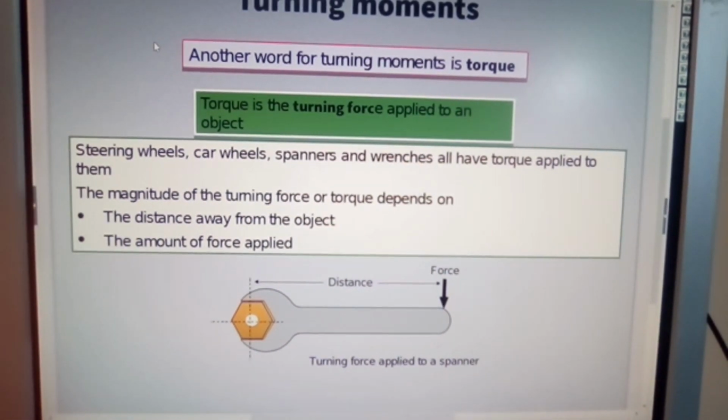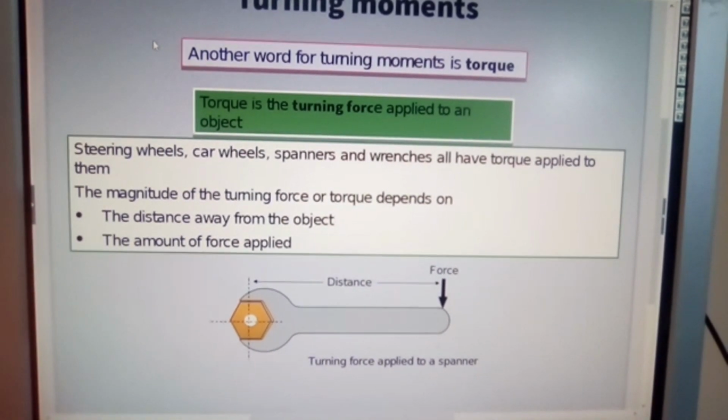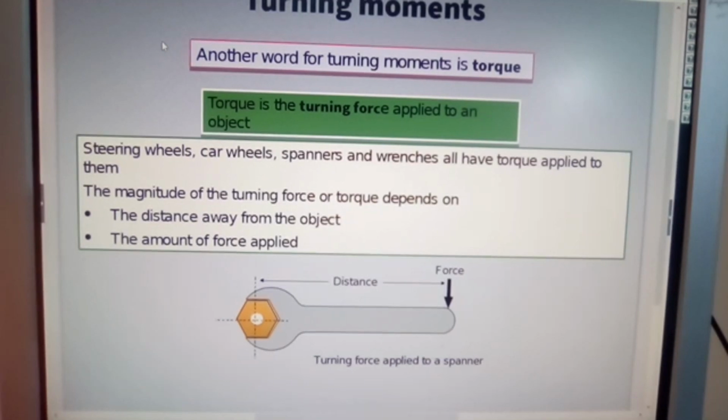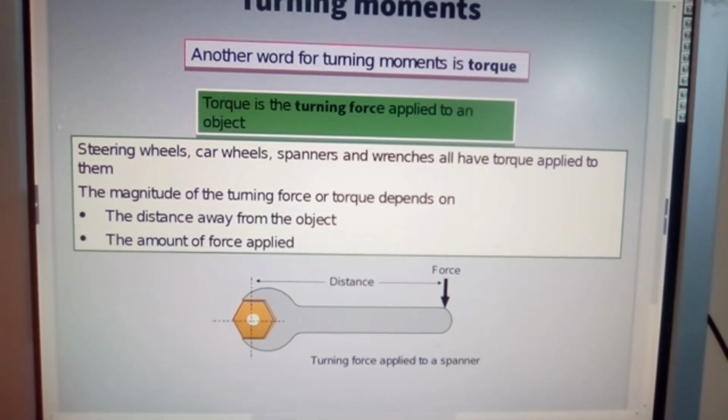So in short, and this is from my perspective only, the longer my spanner is, the less force I need to apply to undo the nut, because the spanner applies that force for me in a more effective and proficient way, making the nut come loose.